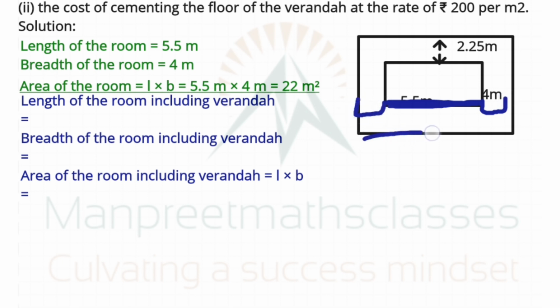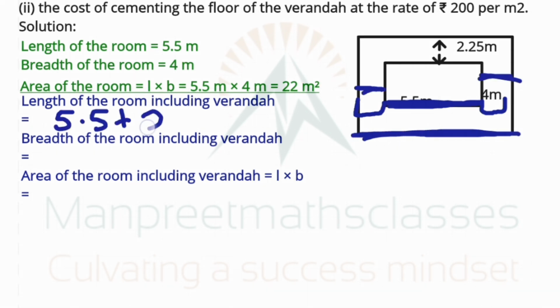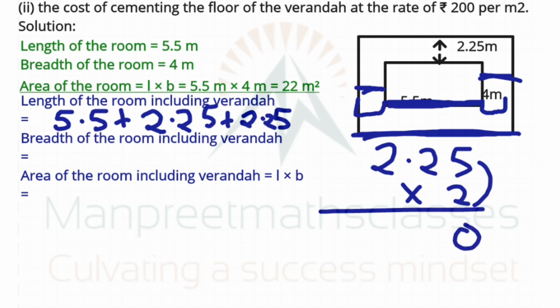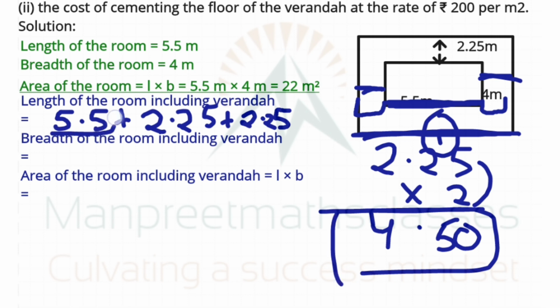Then we will get length of this outer rectangle. So 2.25 plus 2.25, or directly multiply 2.25 with 2. So 2 5s are 10, 0, 1 carry, 2 2s are 4 plus 1 is 5, and 2 2s are 4. So 4.50, or directly you can add 4.50 to 5.5.